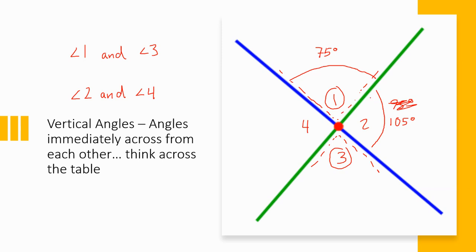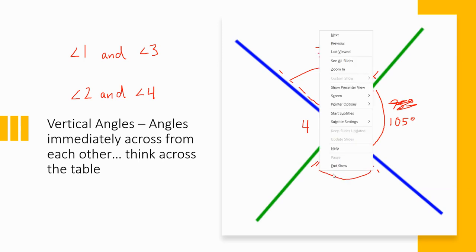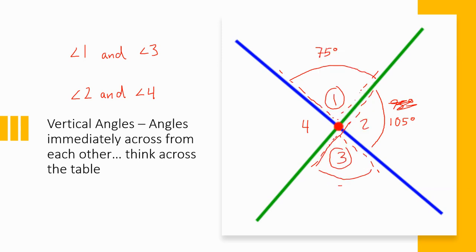Well, notice if we kept going along, now I'm going to look at this straight line, the green line. The next one would have to add up to 180, so this would be 75 degrees. And finally, our last one over here is 105 degrees. Here's what this means. I'm going to mark them with one arc for the 75 degree angle, and two arcs for the 105 degree angle.